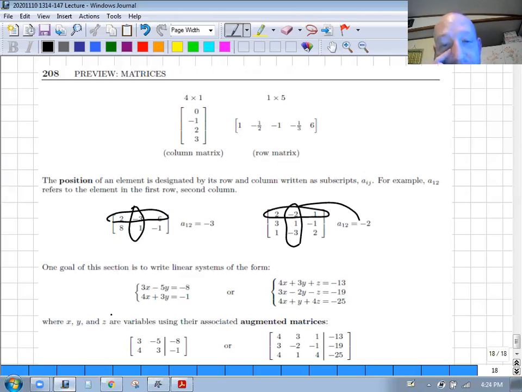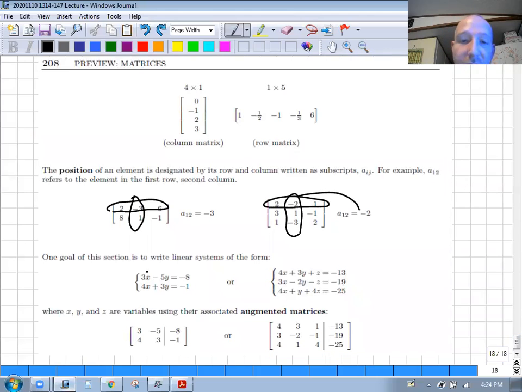So the goal of this section is to write linear equations of this form, 2 linear equations, or 3 equations with 3 unknowns, where x, y, and z are variables, using their associated augmented matrices.